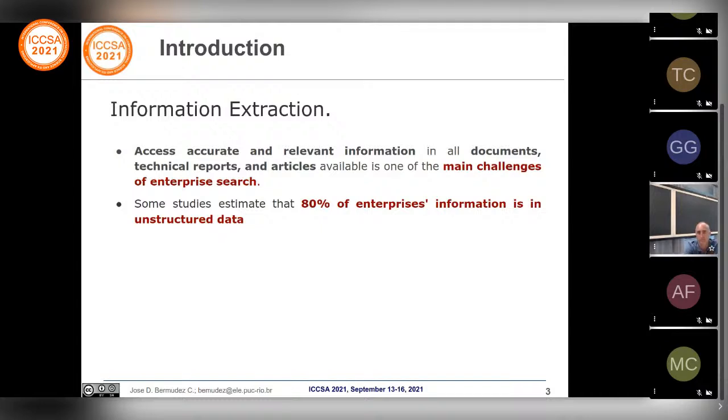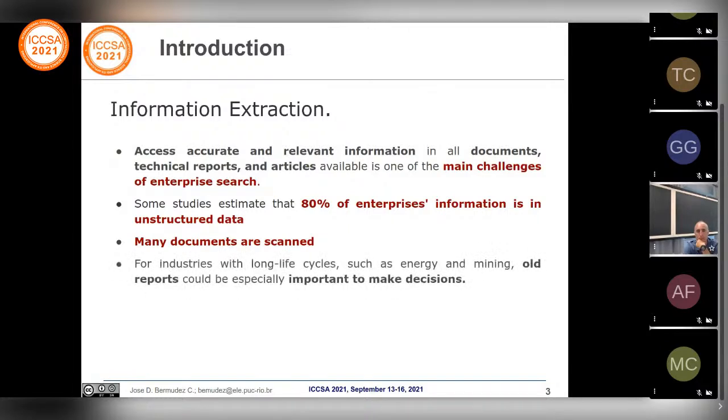So enterprises can now take advantage of the information that they really have in order to make decisions, and this is a problem. Many of these documents are scanned. That means that these documents are images. So extracting information from these documents is more difficult. For industries with long life cycles, such as energy and mining, old reports could be especially important to make decisions.